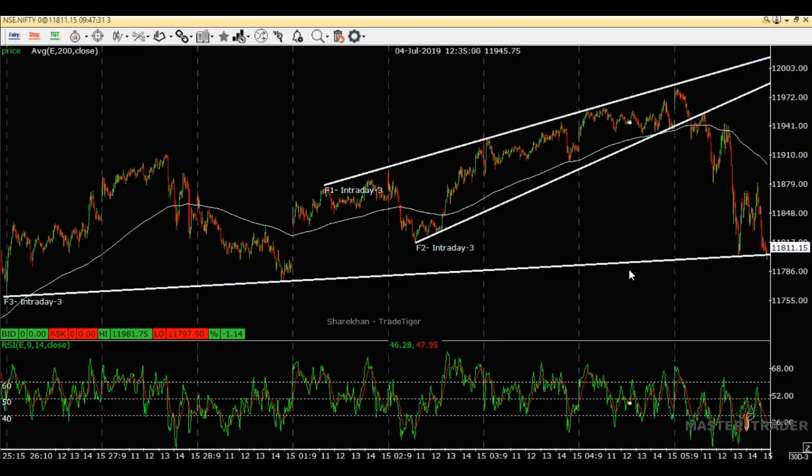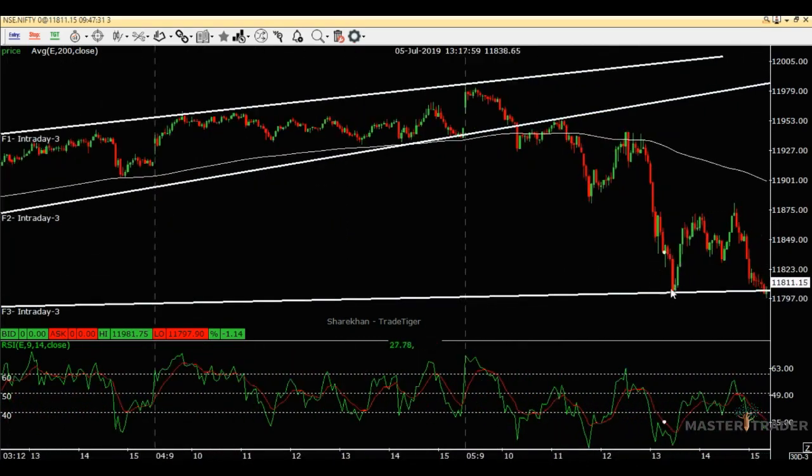So I would have looked to enter again here, guys. I would have looked to enter near these levels, 11,800, maybe kept a 20-point stop loss, and you get a good 70-80 point bounce till here.